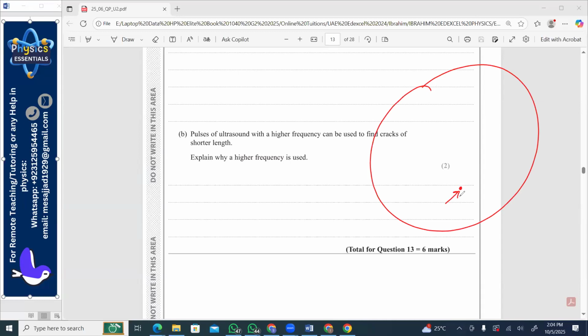Similarly, ultrasound is like a camera, so it detects and finds the cracks. You know that the frequency is directly proportional to the energy of the photons. So if you increase the frequency, you are increasing the energy. So higher energy ultrasound waves will be able to detect smaller cracks.